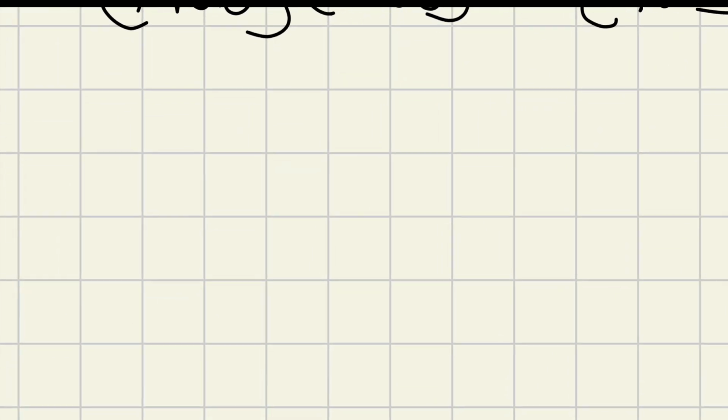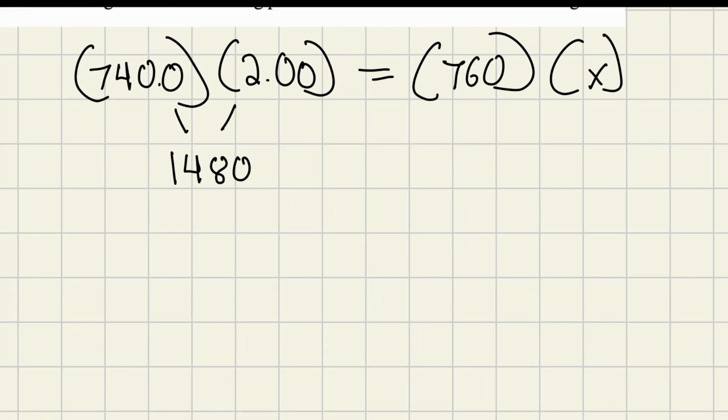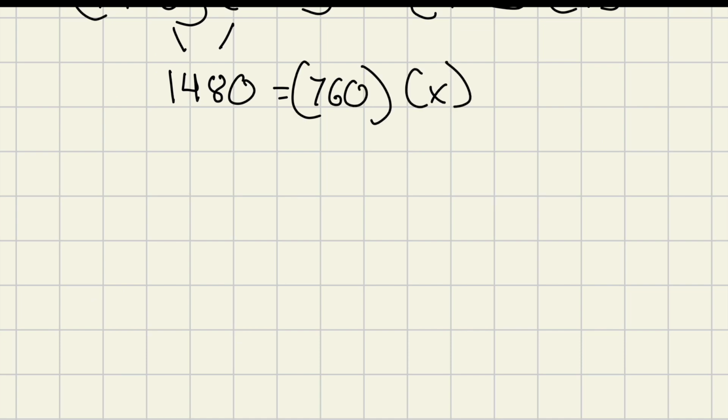On this side, we'll get, then we would divide by 760 because we would get, let me rewrite it actually, 7 equal to 7. Now we want to divide and get X alone.